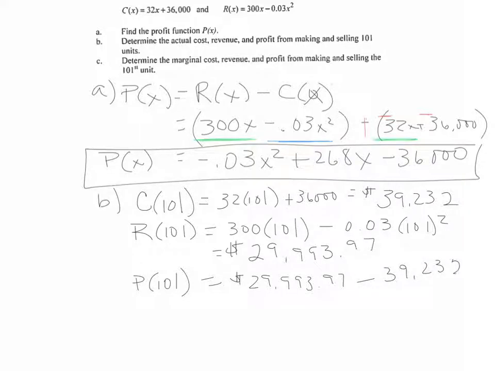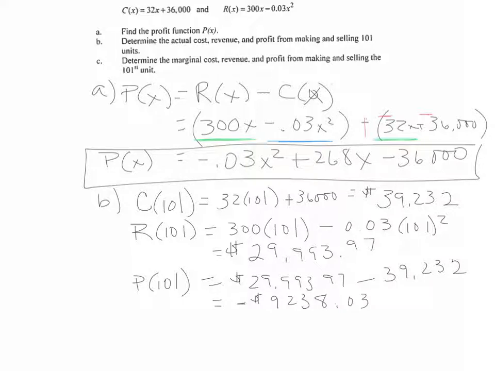The other thing I could do is I could actually plug 101 into the profit function, but this is going to be faster if I do it this way. And I get what? I know it's negative. You got it. Negative $9,238, and I believe it's 3 cents, right? Okay. So I am losing money at the production level of 101 units. Okay?